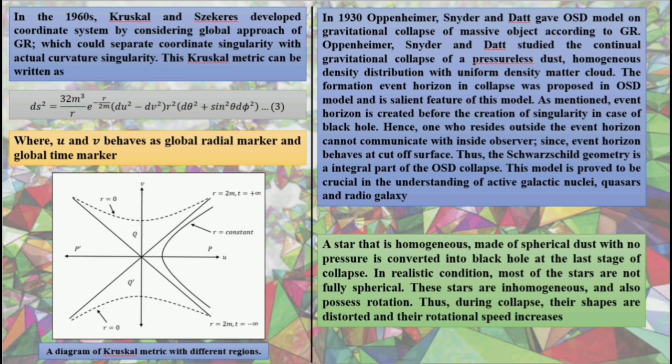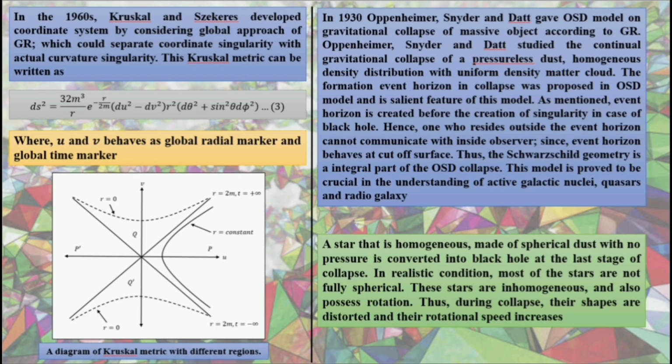Similar to the Schwarzschild metric, another important theory that explains black hole physics is the OSD model, which was given by Oppenheimer, Snyder, and Datt in 1939. They studied continual gravitational collapse of a pressureless dust, a homogeneous density distribution with a uniform density matter cloud. The formation of an event horizon in collapse was proposed in the OSD model, and it is the salient feature of this model.